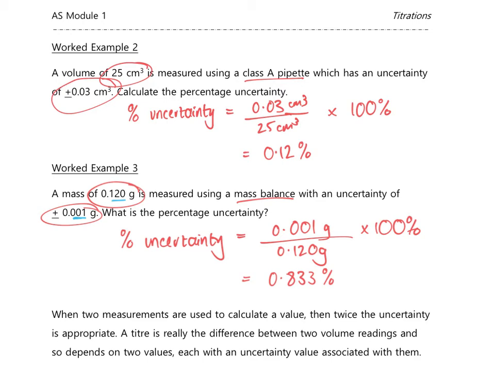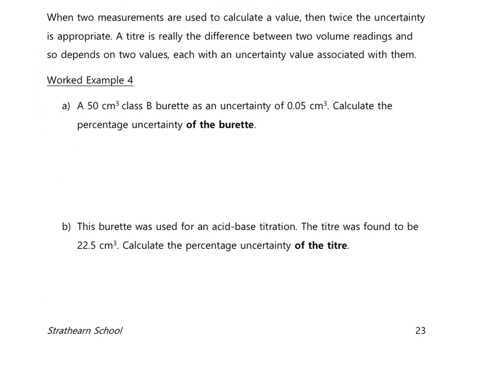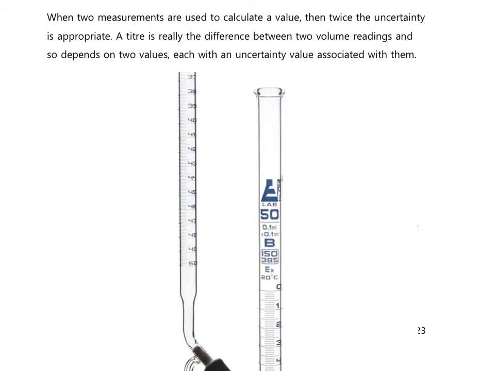But the one time this calculation can change is when the apparatus that you've used involves 2 measurements. So if I scroll down here to the bottom half of your notes, what we're thinking of really here is a burette. So going back to that picture of a burette that I showed you just a minute ago, let's say we were using this 50 millilitre burette with an uncertainty of plus or minus 0.1 millilitre or centimetres cubed.